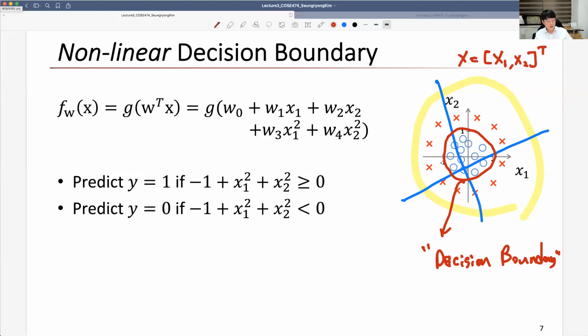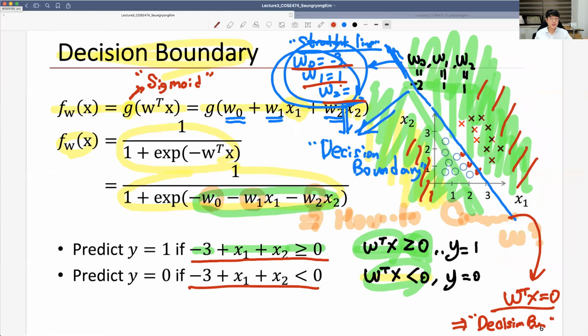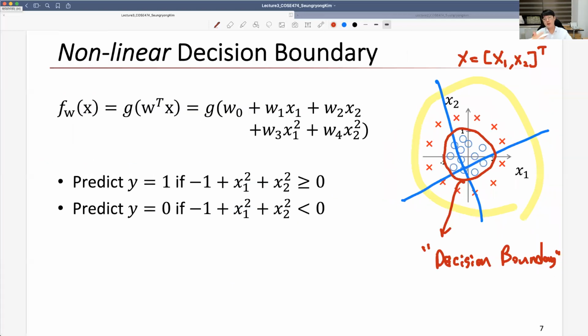So then the question is, how can I find this nonlinear decision boundary? If you remember, we cannot find the circle shape if we only consider W0, W1, or W2, right? Then we need another term. So here's the thing. Let's say Fw of x is going to be G of W transpose x, right?